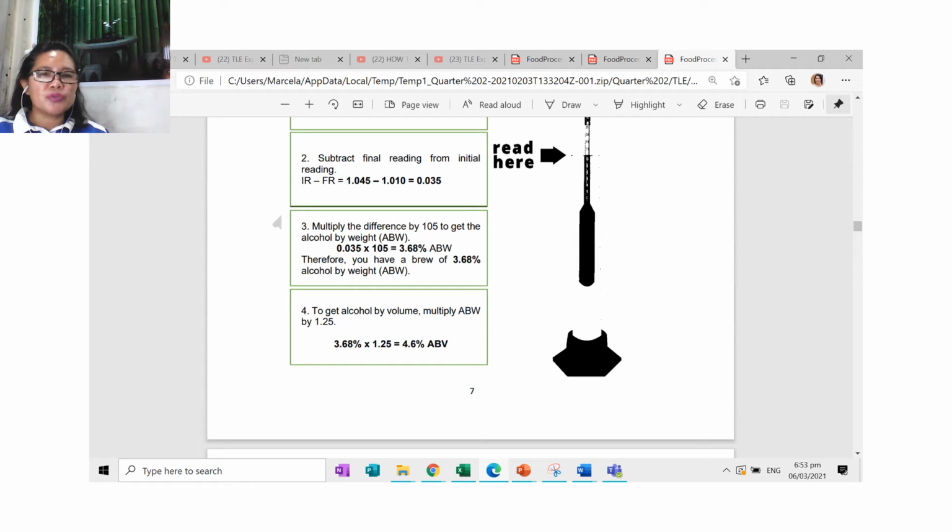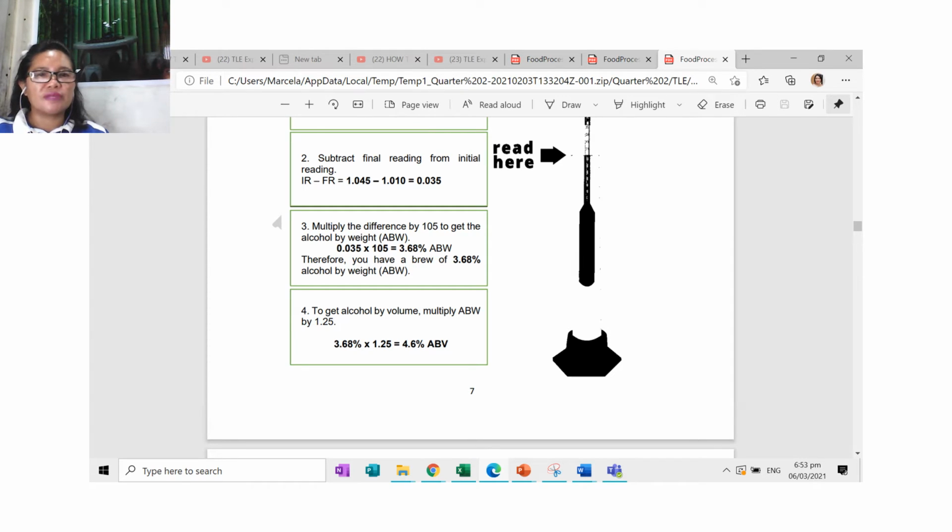Number two, you are going to subtract the final reading from the initial reading. That's IR minus FR.